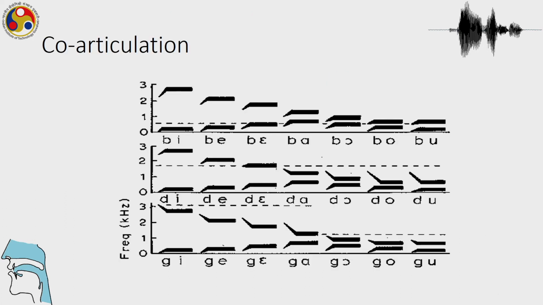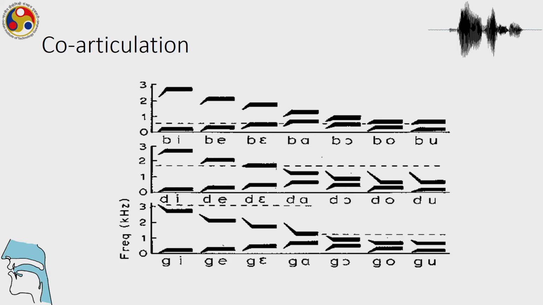So now, what do we call co-articulation? The same phoneme in different contexts will be acoustically different. That is something we have seen in our discussions till now. These are schematic speech spectrograms of 3 voiced consonants. Earlier we had taken only one, D. Now you can see this is for B, D and G, and then there are 7 vowels.